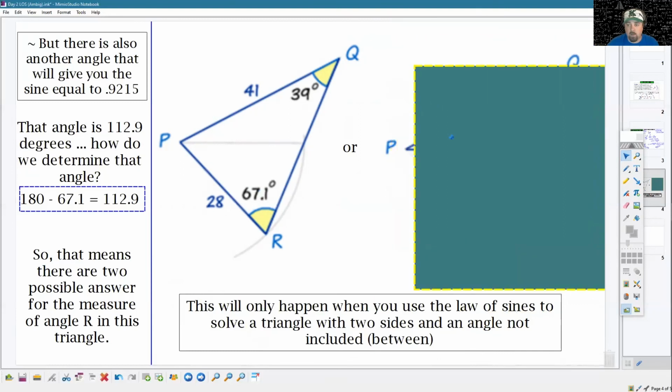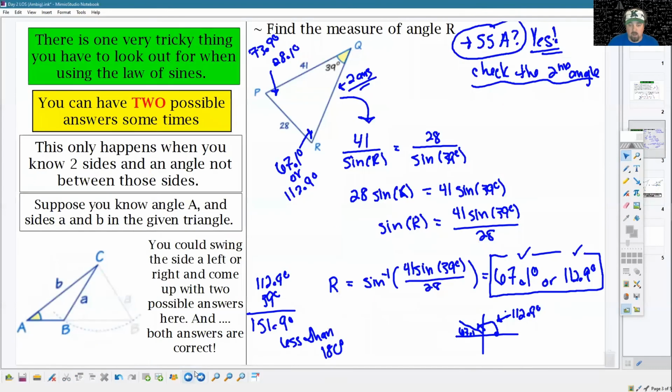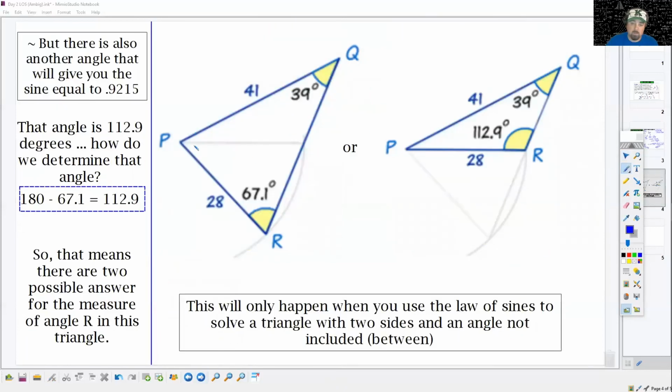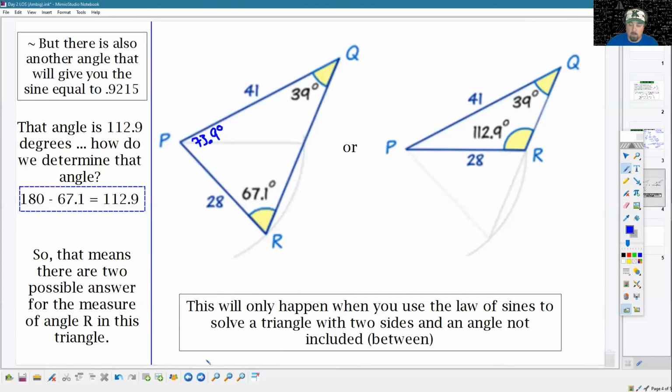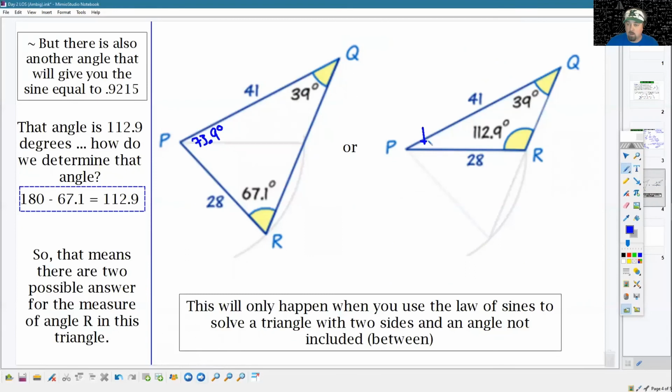Or that other angle over here could have been this smaller triangle with an obtuse angle in here, 112.9 degrees, because both of them leave me room for this third angle, which I'm going to fill in on this slide for us. One time that angle could be 73.9, or we found out the other one was 28.1.